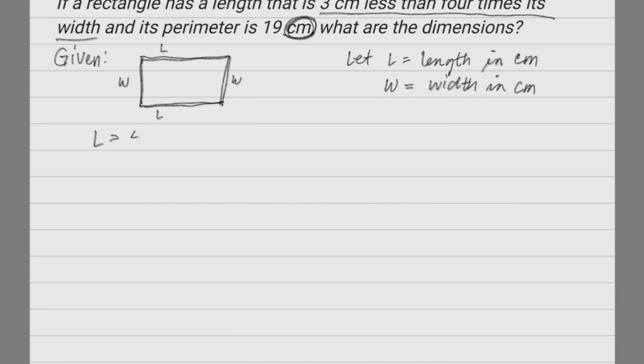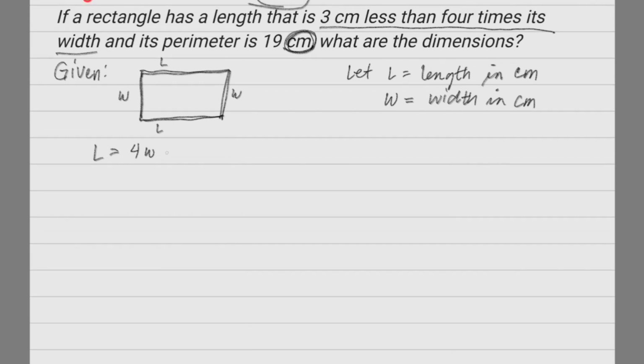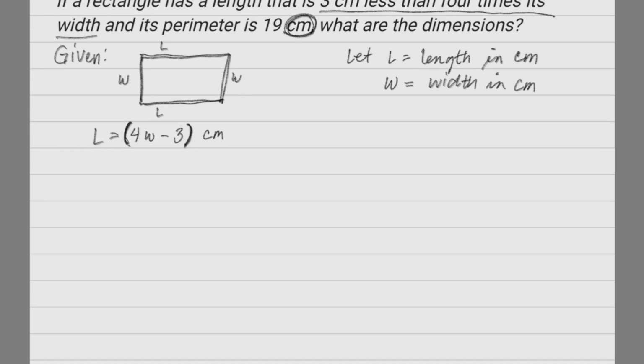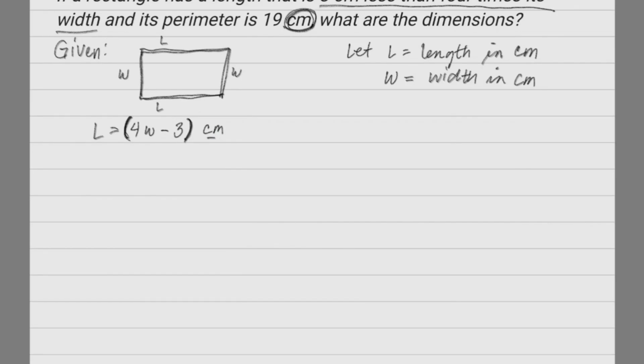So this will be 4W, or 4 times the width, less 3 centimeters. And we know that all these are measured in centimeters. So we put the binomial, or the algebraic representation of that clause, in parentheses, and then we put centimeters there.